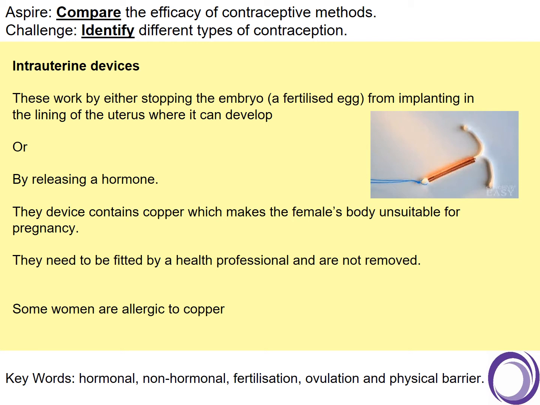However, one of the disadvantages is that some women are actually allergic to the copper and it can cause nasty side effects, so it wouldn't be suitable for them. Another one is that you have to go and have it fitted by a health professional, and you can't just change your mind easily. You would have to go and have it removed by a health professional if you change your mind and decided you want to become pregnant at a later stage.